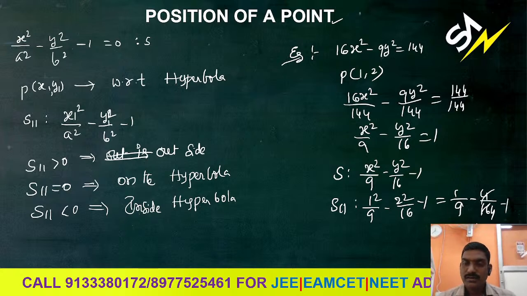The LCM could be 36: 4 minus 9 minus 36 gives negative 41 over 36.